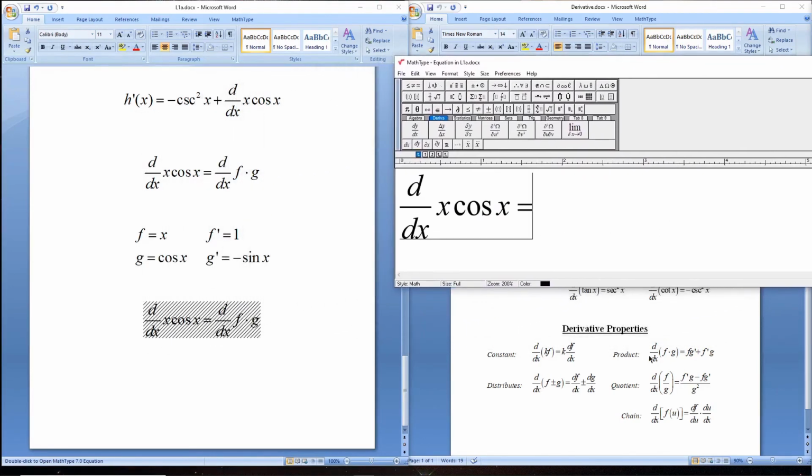So looking at the product rule, this derivative is going to be f times g prime, plus f prime, which is 1, times g.